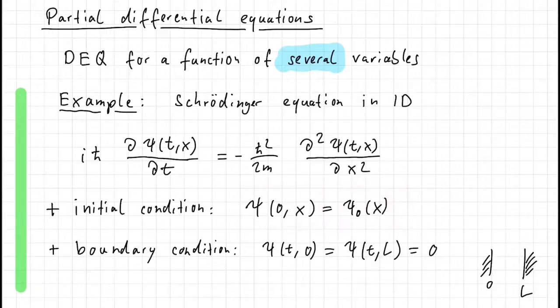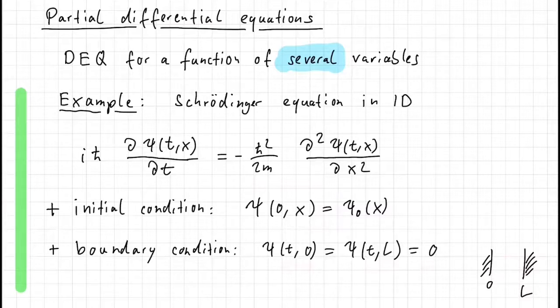At the same time, when we, for example, consider so-called particle-in-a-box problems, and a particle is confined to some finite region in space, we may also have so-called boundary conditions, namely that for all times t, the wave function at points 0 and L is equal to 0. So this corresponds to wave functions that are vanishing at the boundaries where they're confined. So this is a particular boundary condition in quantum mechanics.